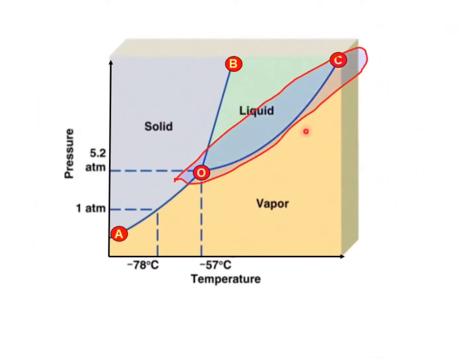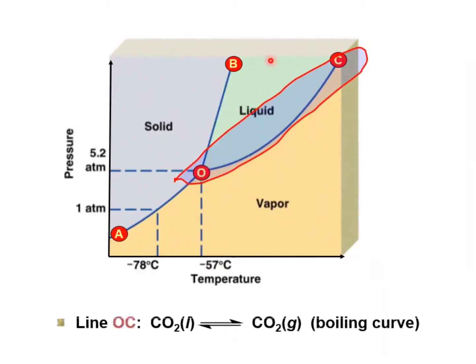Okay, next we look at the line OC here. So this line will separate the liquid and gas phase. So line OC, so if the carbon dioxide berada di atas line ini, dia akan ada dua phase, which is the carbon dioxide in liquid phase in equilibrium with carbon dioxide in gas phase. So two phase involved here.